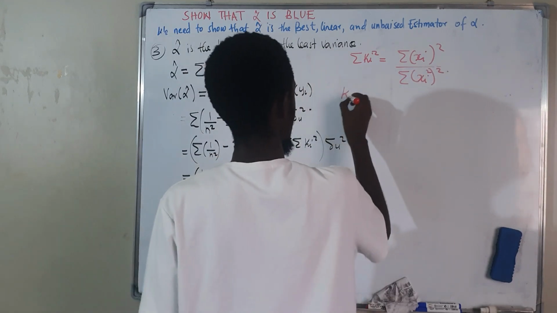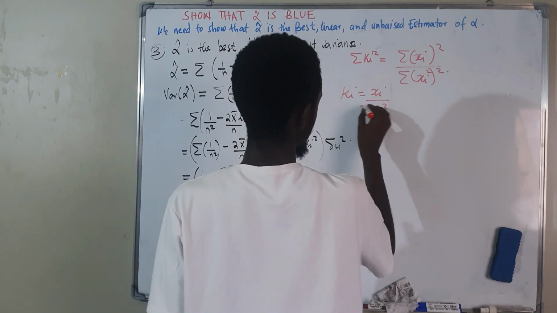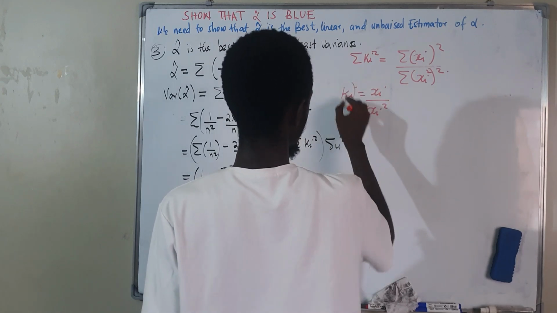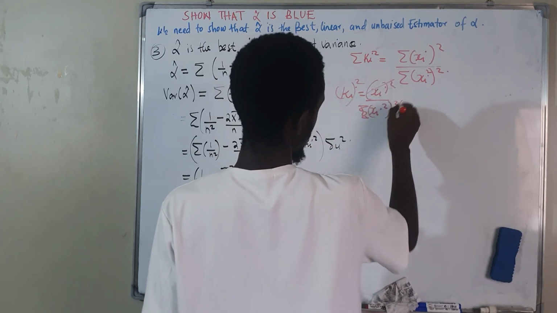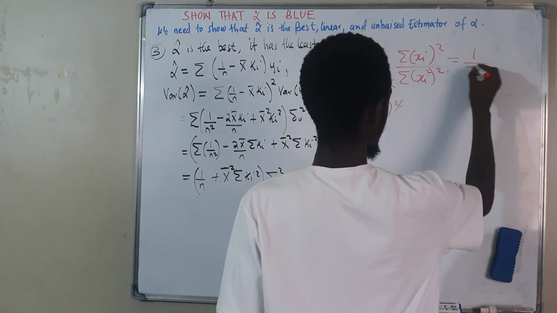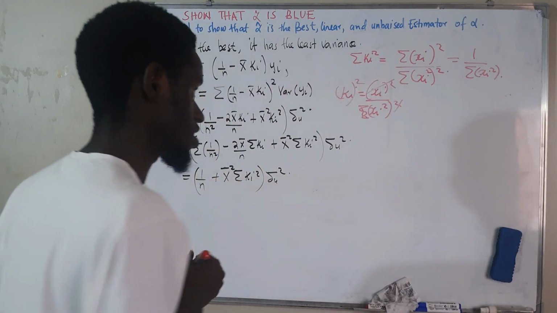Remember ki is the same thing as having xi over summation of xi squared. Now if I square everything, I square everything here and I square everything here. Therefore, one will go with one, and I'm going to remain with 1 over summation of xi squared. I think we are together on that step also.